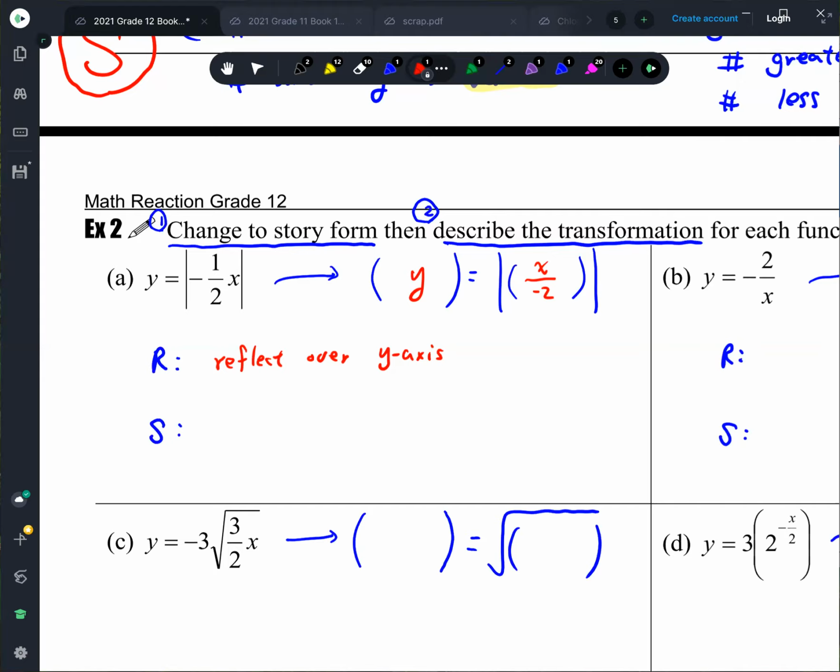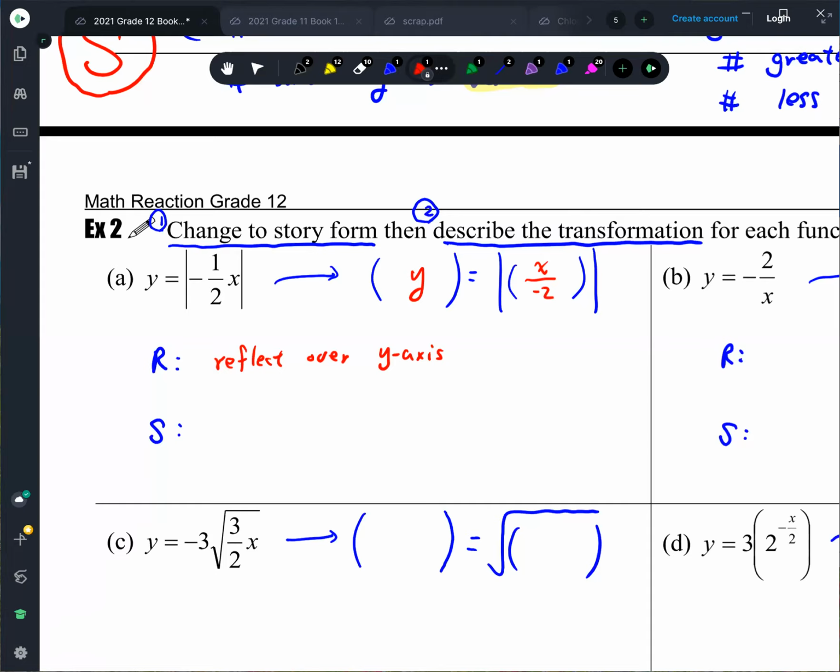For reflection, you need to find a negative sign. Justin, do you see any negative? Yeah. Where do you see the negative? On the 2.